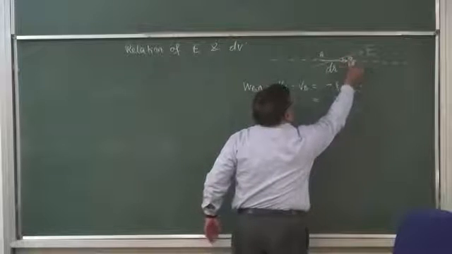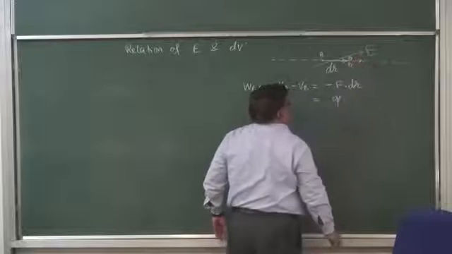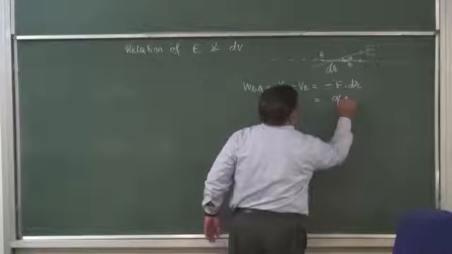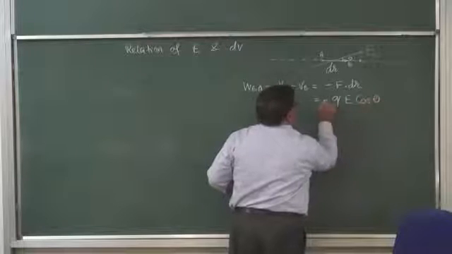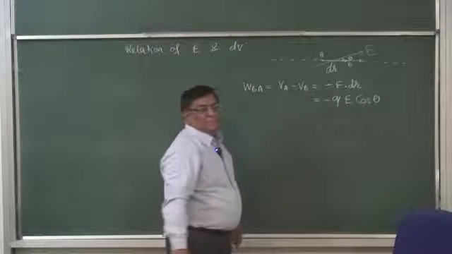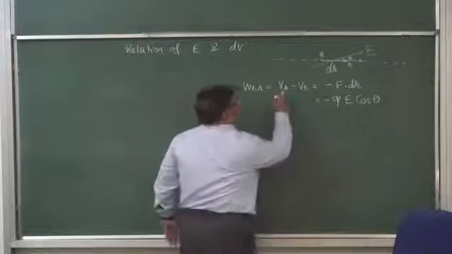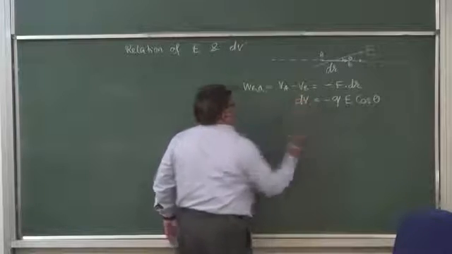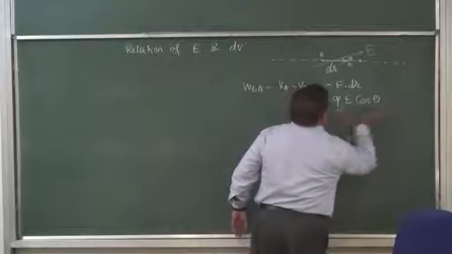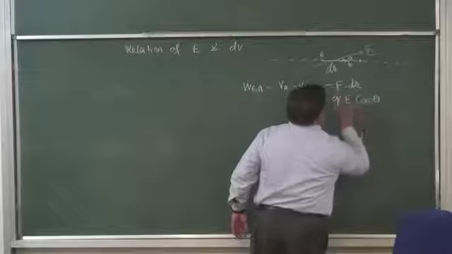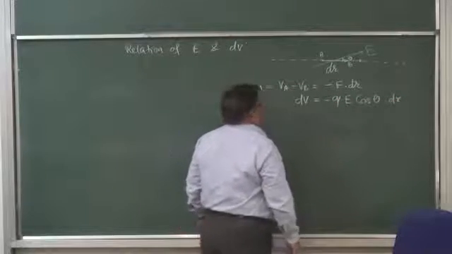So E, we can have a component in this direction. What will be the component of E in this direction? Very good. QE cos theta. Right? This VA minus VB, we will call it potential difference as dV, into dr. E cos theta into dr. Okay.